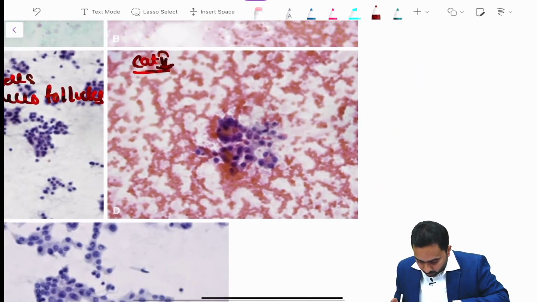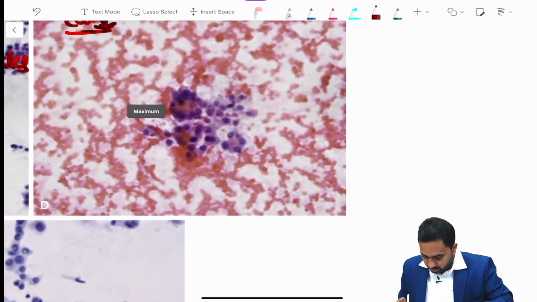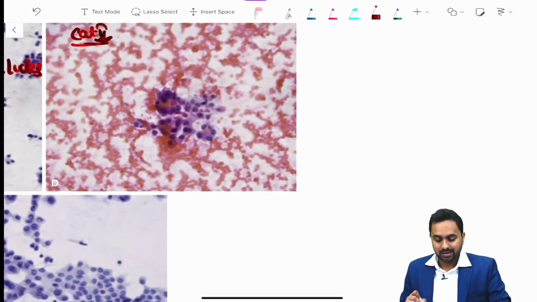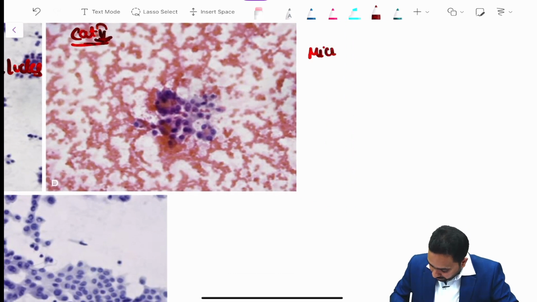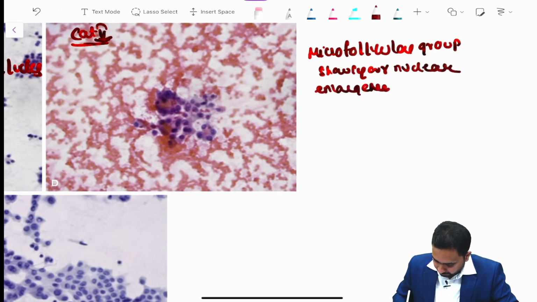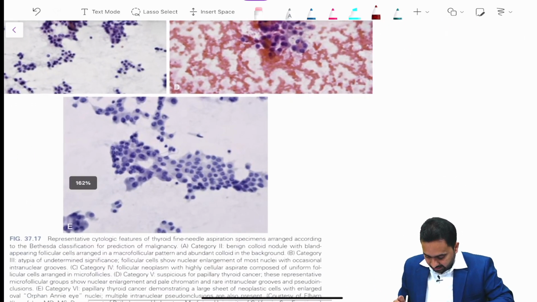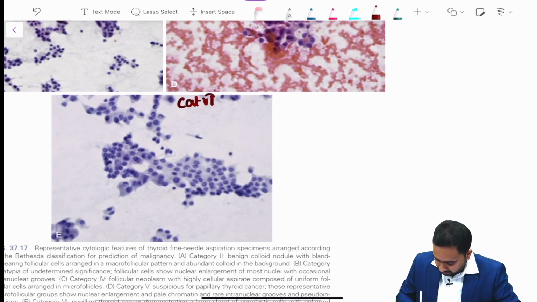So, if you see over here, you have the microfollicular groups showing nuclear enlargement and pale chromatin, right. So, this is your category 5, and then we have your category 6, right.